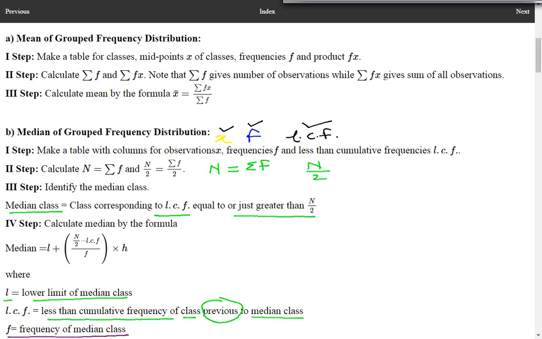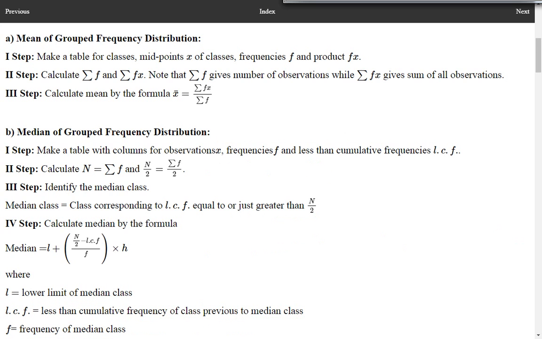There are few more terms involved here. h is class width of median class. So h is class width or class interval of median class. How class width is found? It is upper limit of class minus lower limit of class. So this is how we find median.